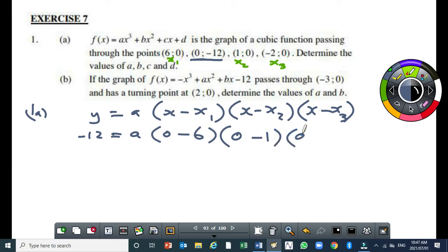So I'll put 0 three times, because that x is the same value. Where there is x3, since x3 is minus 2, this will be 0 minus minus 2. Here you have to be very careful because the x3 is negative.